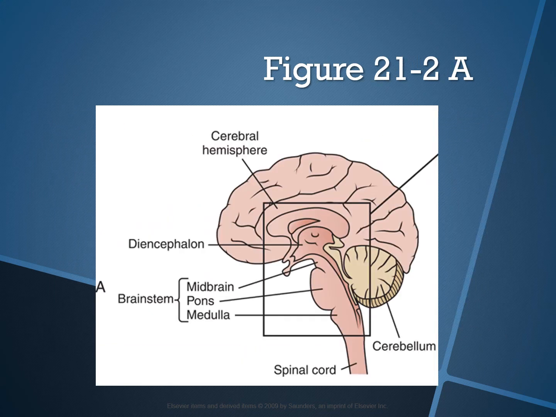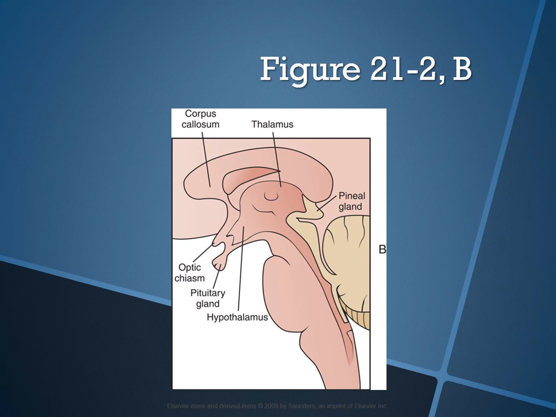Okay, here's the brain. I already talked about the cerebrum, the cerebellum, and the various components. And this would be your brain stem and how it's broken down.